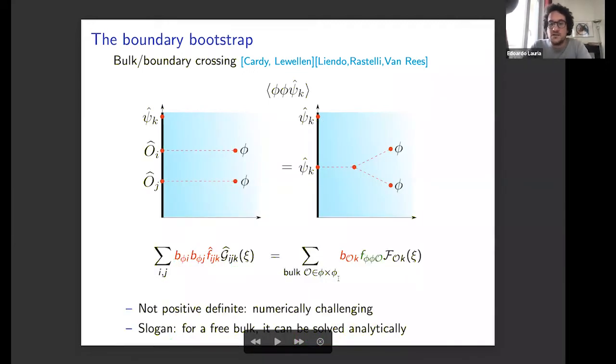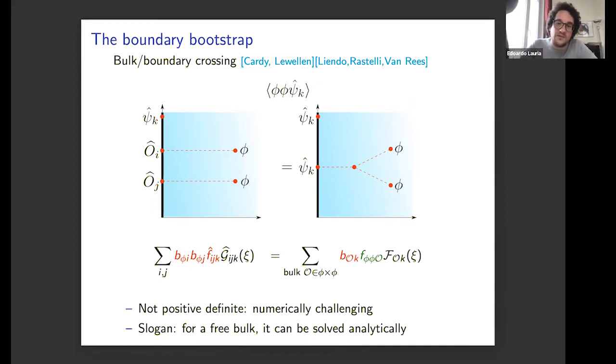On the right-hand side, I can do something very different. I can first fuse the two bulk operators together in the bulk. So I trade these two bulk operators for an infinite sum of bulk operators that can be produced when I fuse phi with itself in the bulk. This fusion is controlled by some OPE coefficients called F_phi phi O, and these fusion coefficients are just characteristics of the bulk theory.